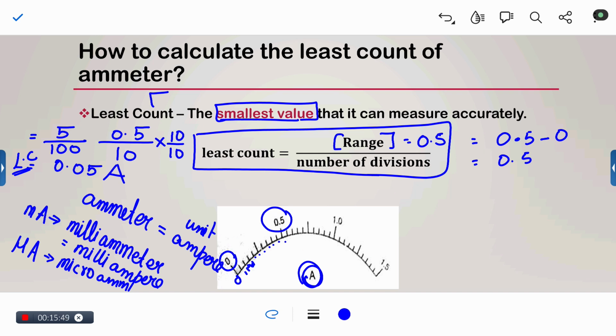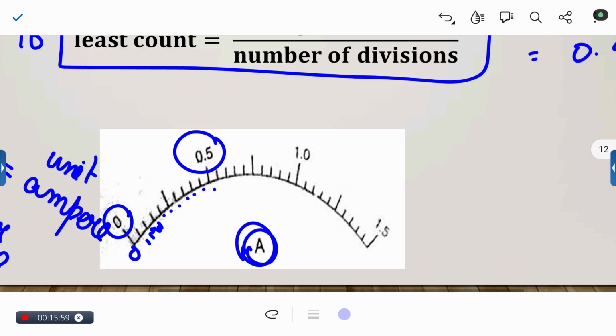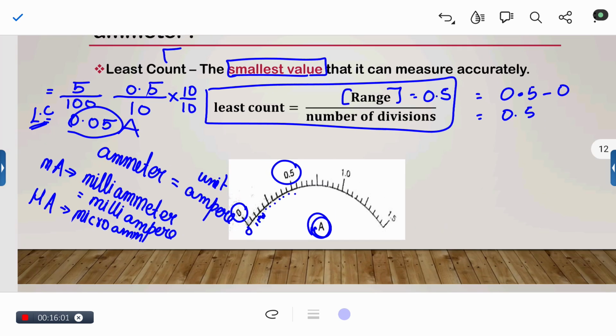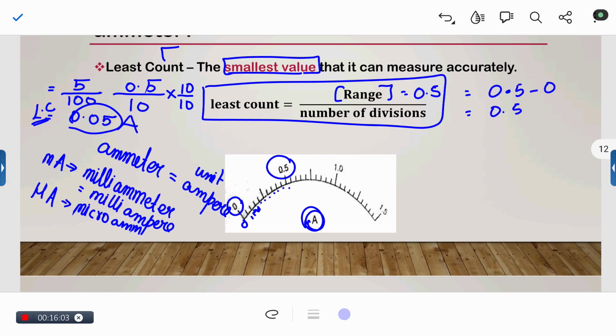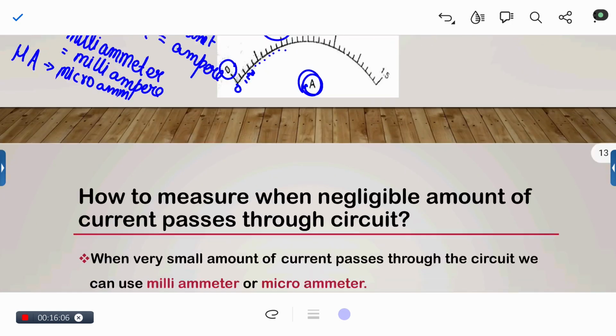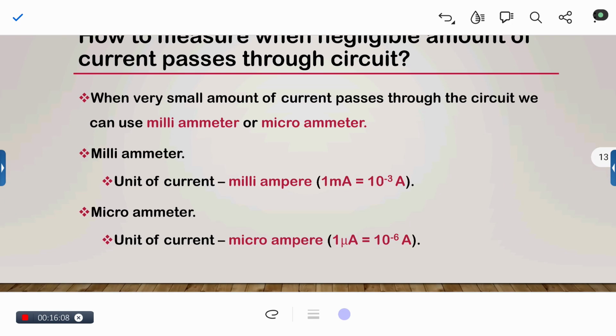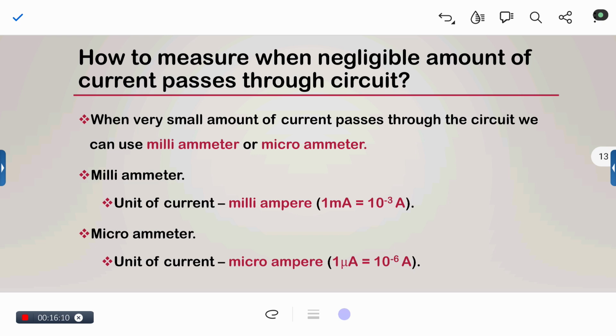So by using this device, what is the smallest value of current you can measure? 0.05 ampere we can measure. Suppose a negligible amount of current is passing in the circuit, negligible in the sense a small amount of current is passing in the circuit.